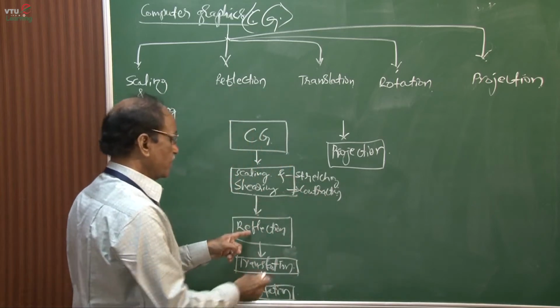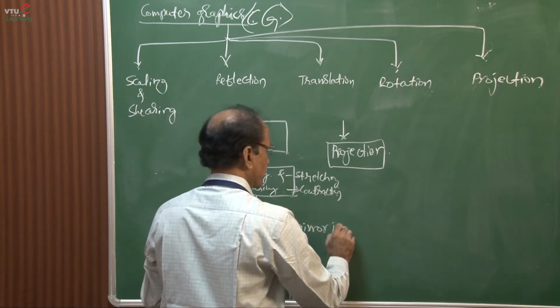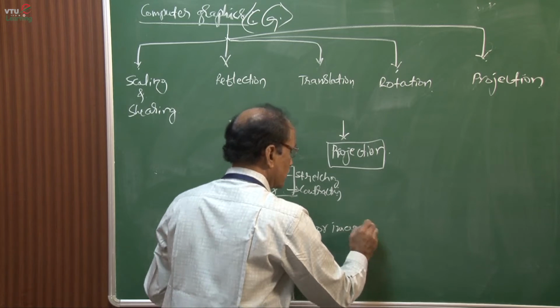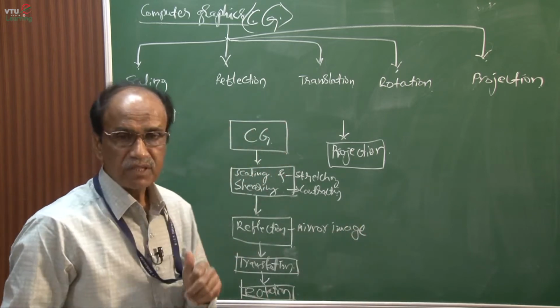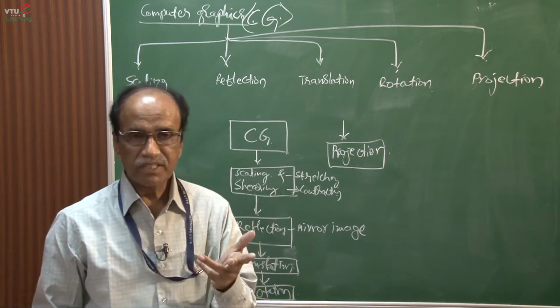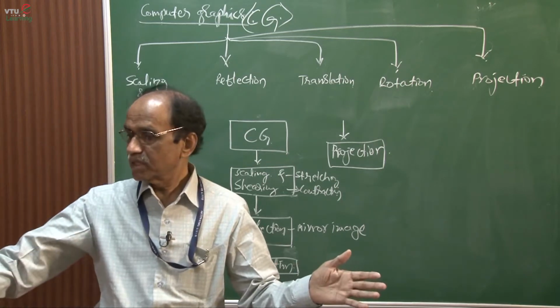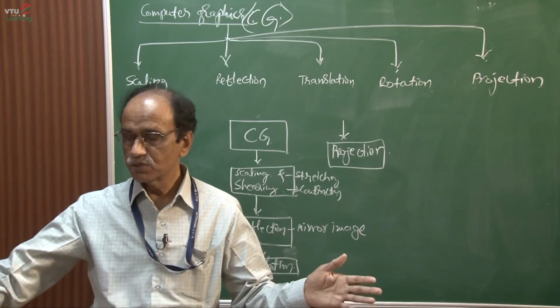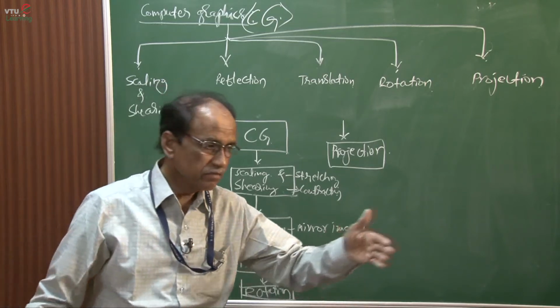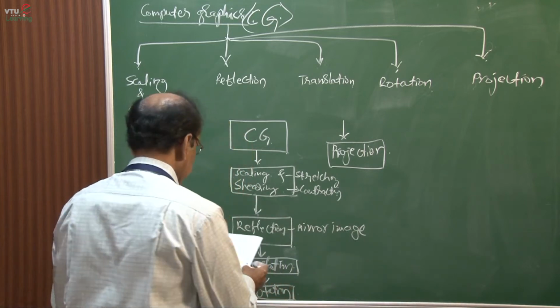This is reflection, meaning mirror image. In basic mathematics we call it symmetry. So from the origin, whatever distance you take in the positive direction, you take the same distance in the negative direction.